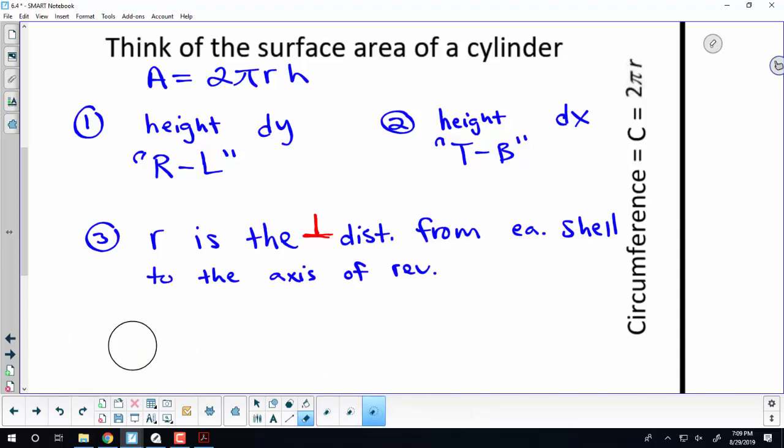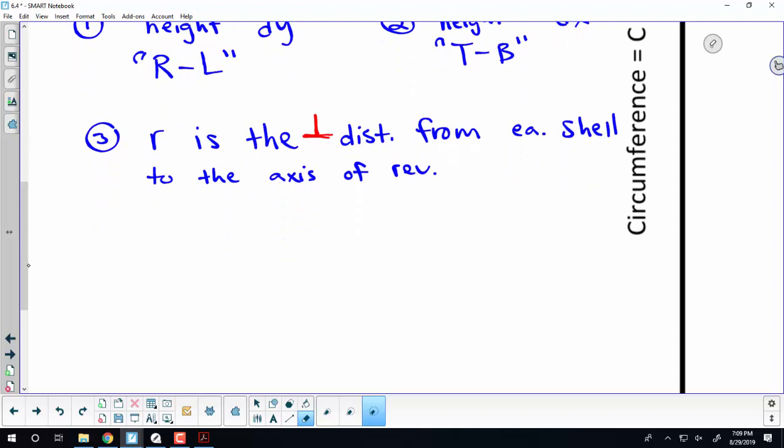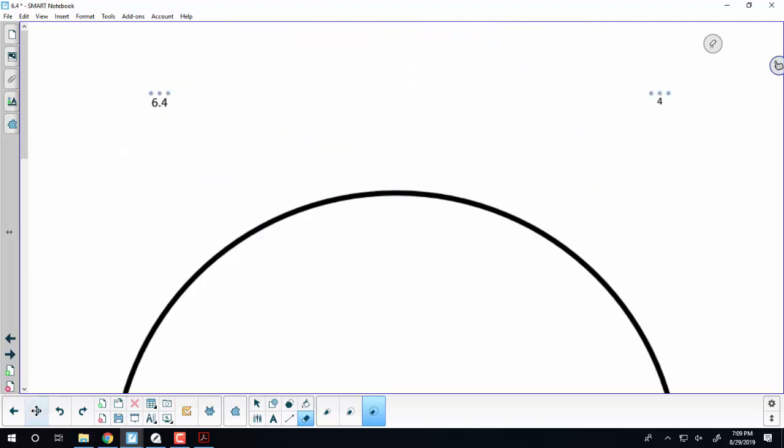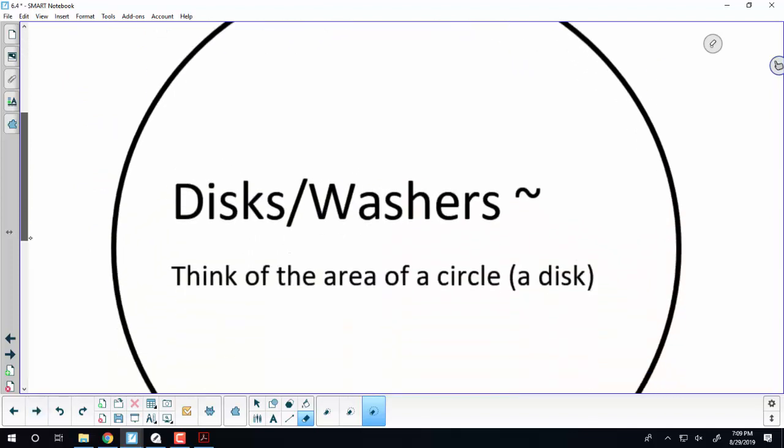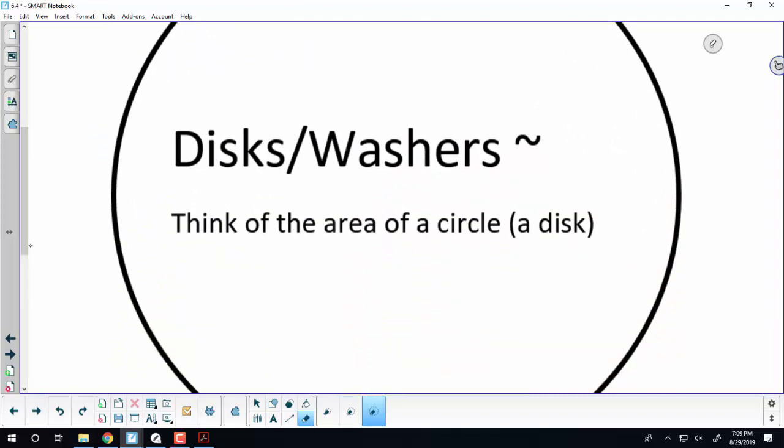Okay. So maybe that's helpful. You can detach that if you need to. And then our discs, washers rather, are perpendicular to the axis of revolution.